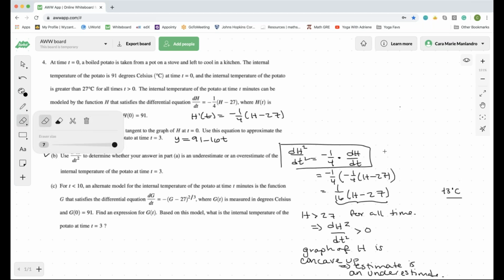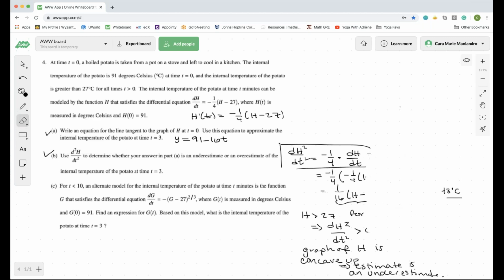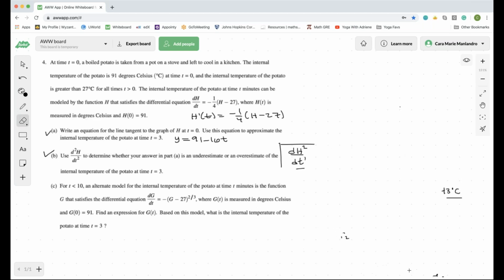Okay, so then now we get to solve the differential equation. All right, so for t less than 10, an alternative model is to satisfy this differential equation. What we want to do is solve that. All right, so what we're going to do is do what's called separation of variables.